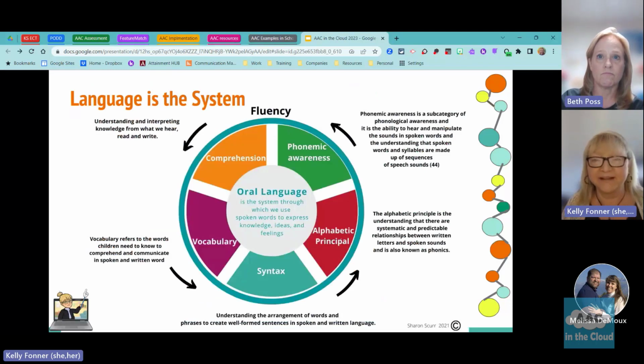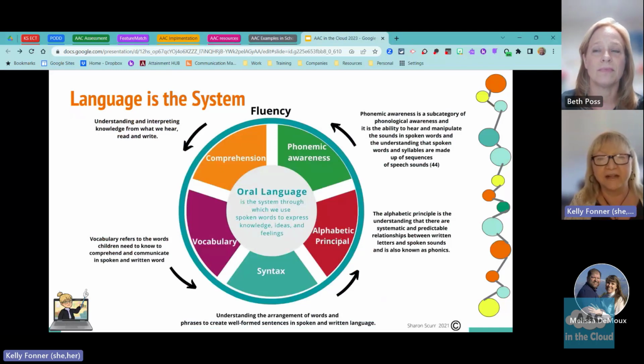Here's another model that comes from Sharon Skur, looking at how language, in this case, she lays it out as oral language, impacts literacy. And we know that having information about phonics and alphabetic principles and syntax and vocabulary and comprehension, all of that influences reading fluency, which seems like the ultimate goal that we're always getting to.